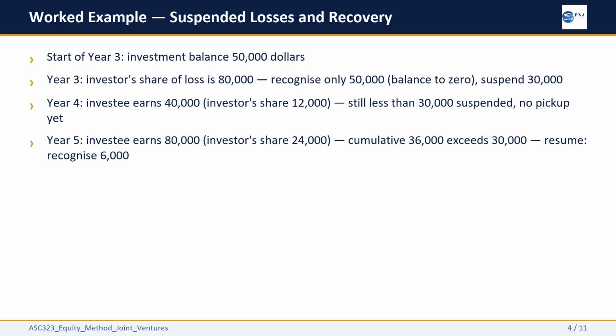In year 5, the investee earns more. Your cumulative share of recovery now reaches $36,000, which finally exceeds the $30,000 suspended. You resume recognition and record $6,000 of income. The key principle is that you must fully offset suspended losses before resuming any income recognition.